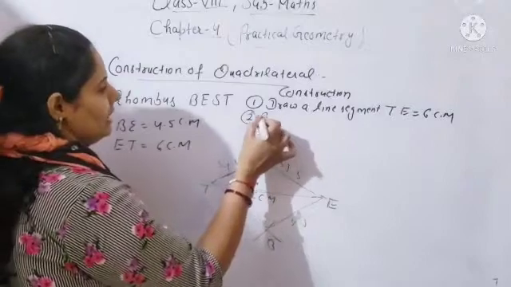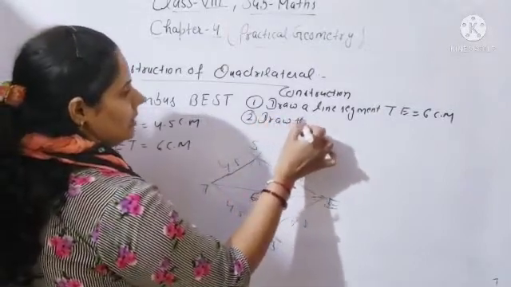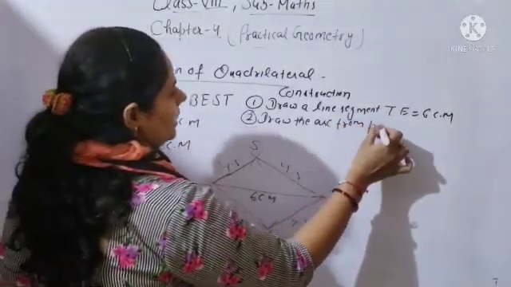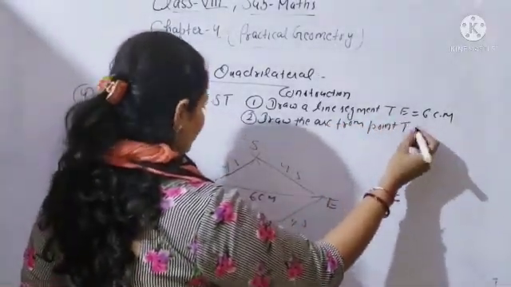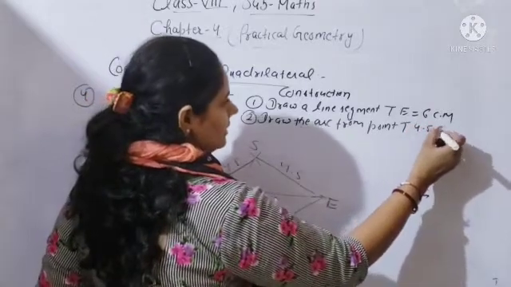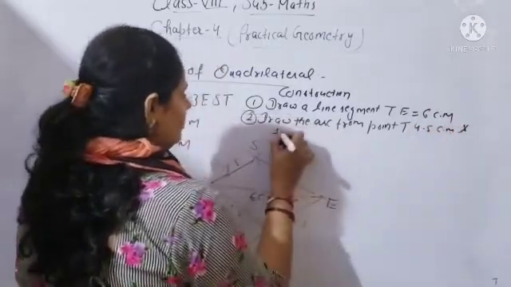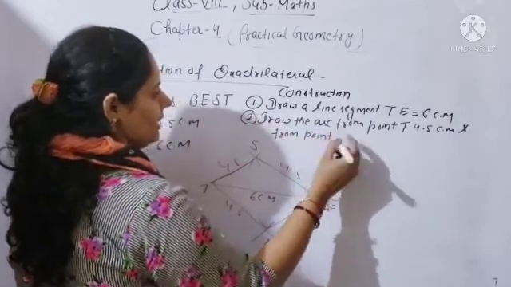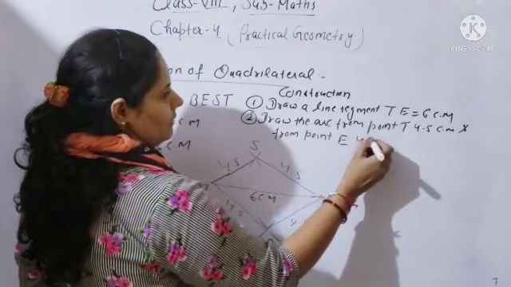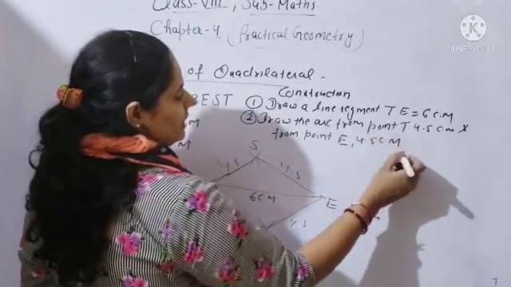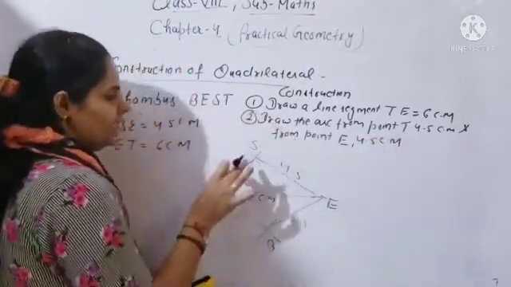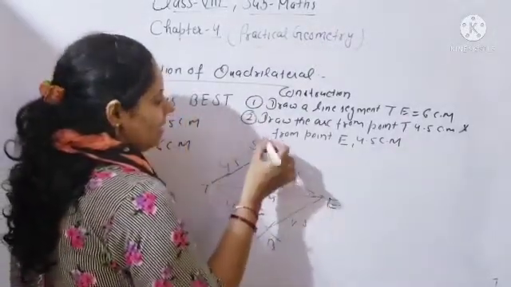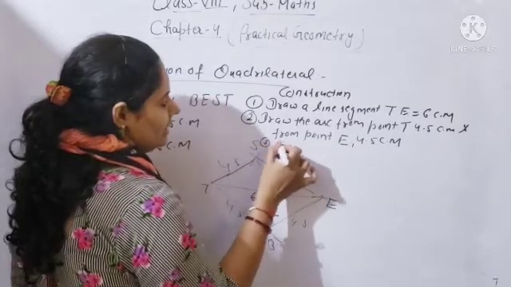Second step, draw the arc from point T 4.5 centimeter and from point E 4.5 centimeter.